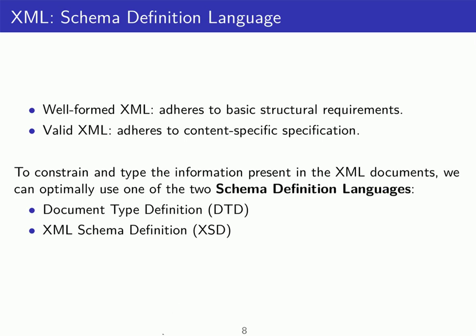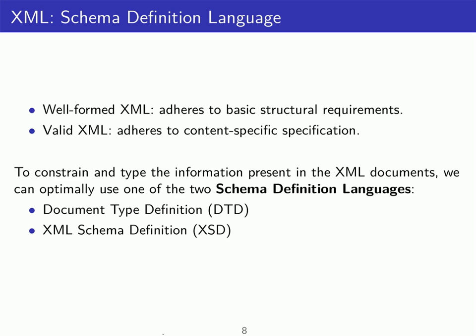Apart from the structural requirements, which lead to whether the document is well-formed or not, we can add some content-specific specifications. And with this specification, we can constrain the content we present in the document. To define such a specification, we use one of the two schema definition languages.